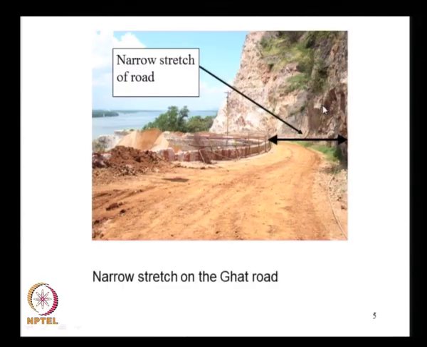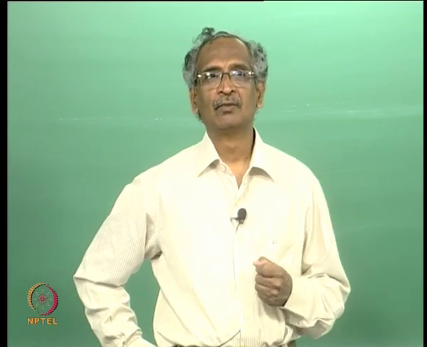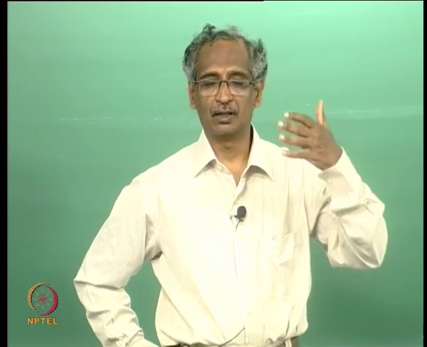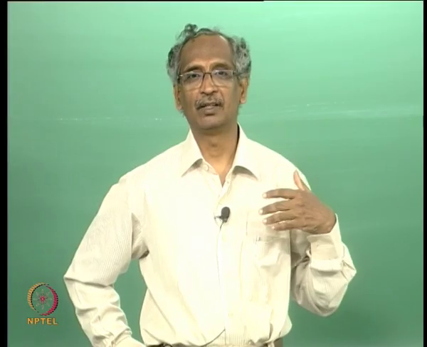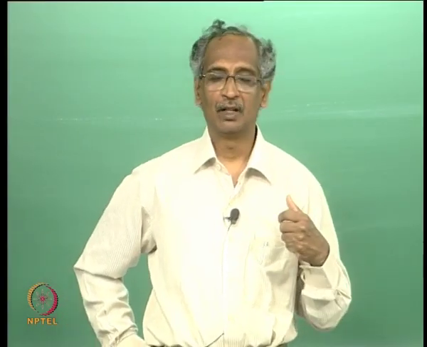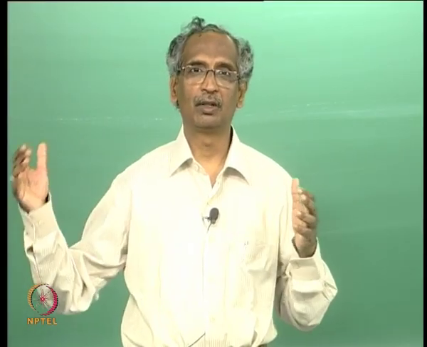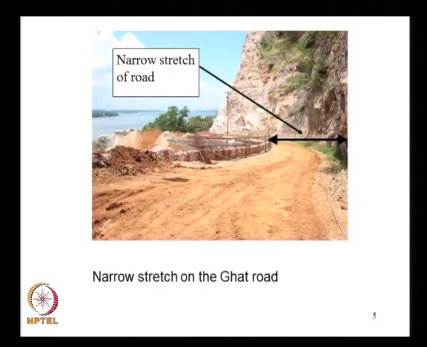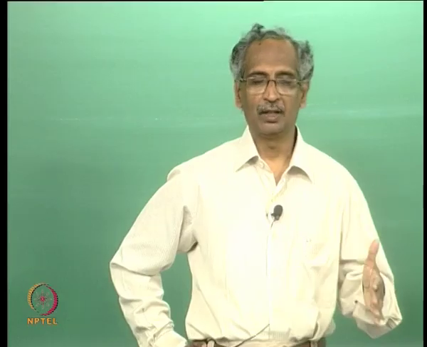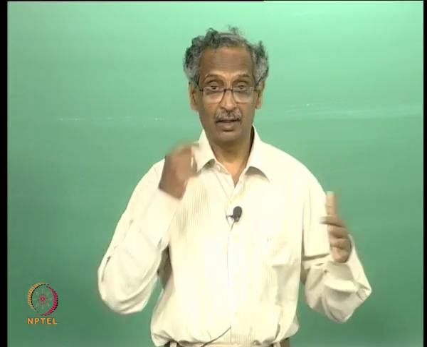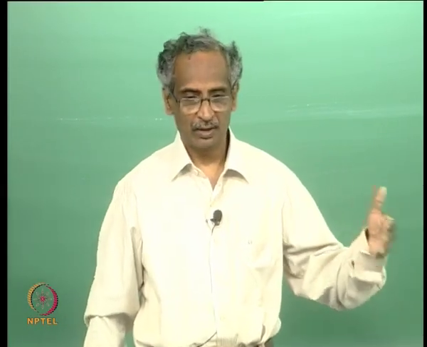Actually this hillock has a lot of problems, because there are too many joints and crevices, and frequently during the monsoon time huge boulders fall down because of the number of cracks that are there in the site. Then another problem that we have is just next to this is the major Krishna river, and so we cannot exceed our boundary beyond a certain limit.